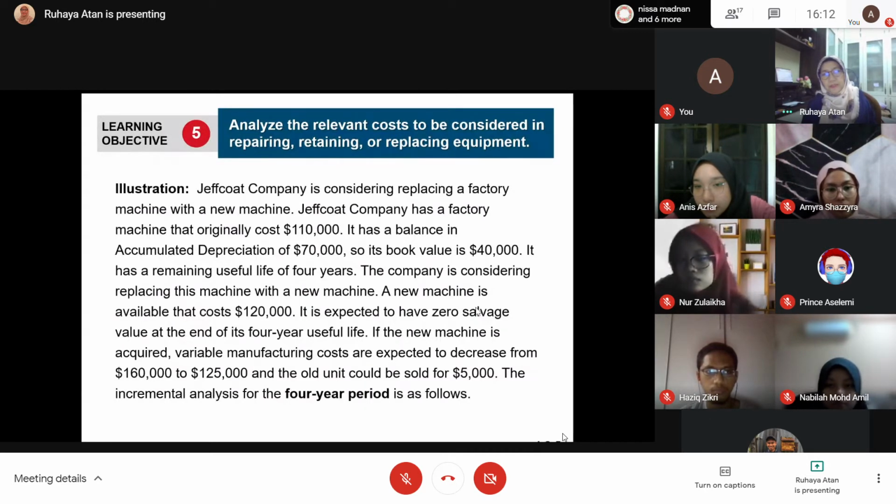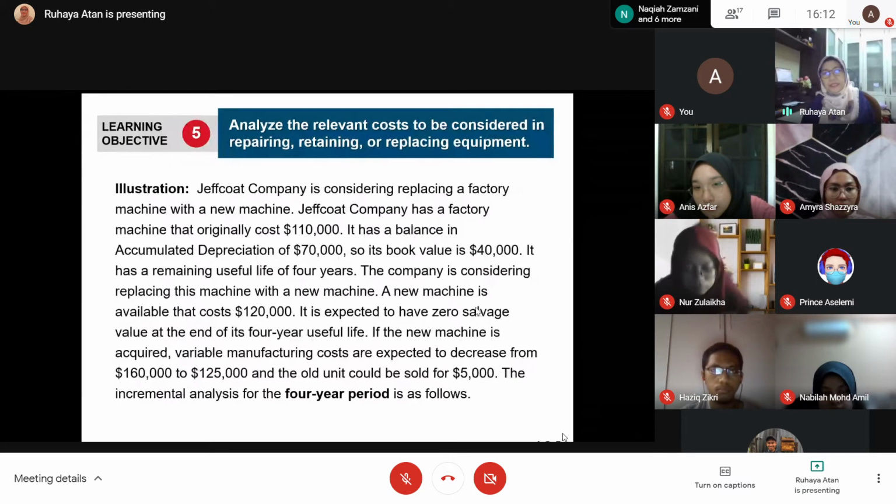So it is very important to decide whether it is worth to repair the machine or better to replace it.